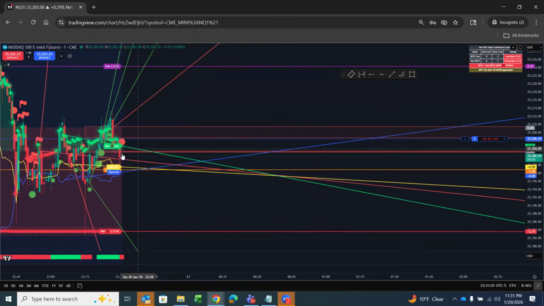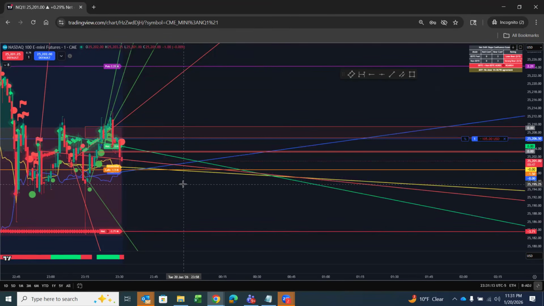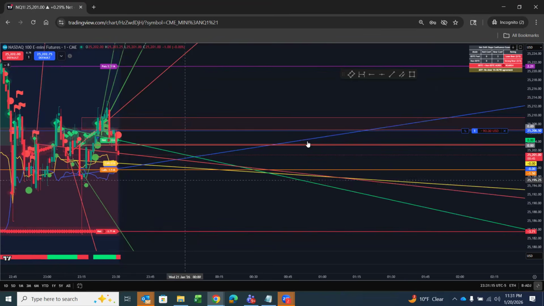So buyers are holding up. We have bearish confluence and a bearish fair value gap above. Only down 95. It's not the end of the world.